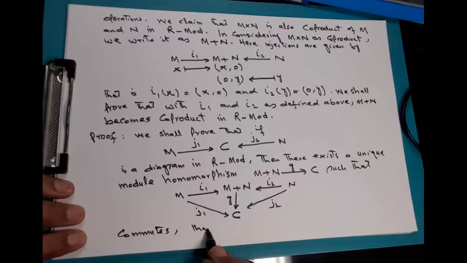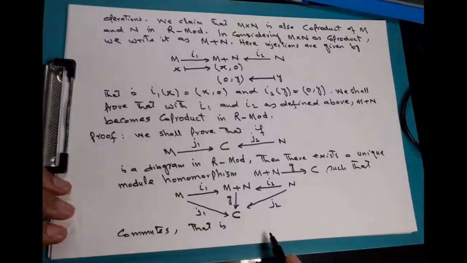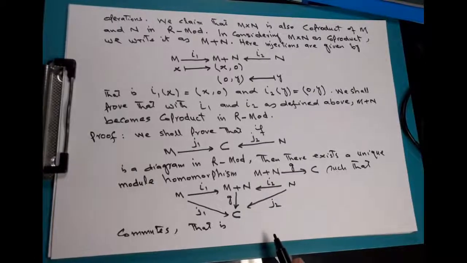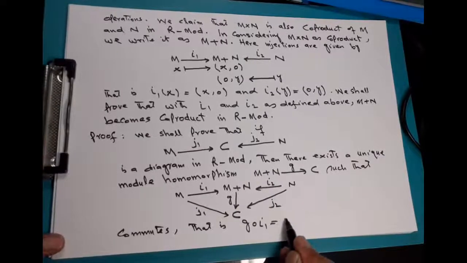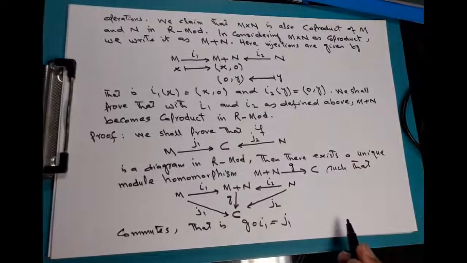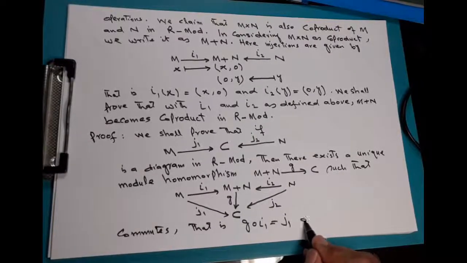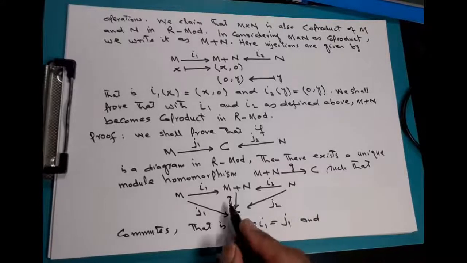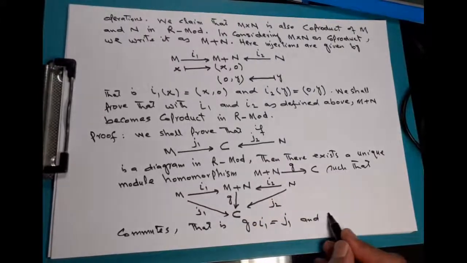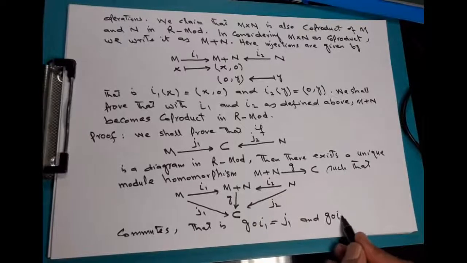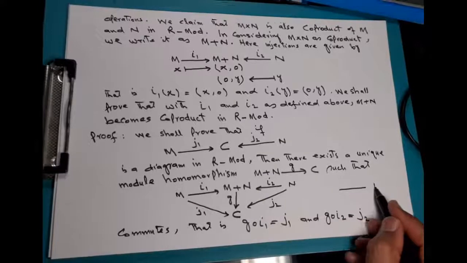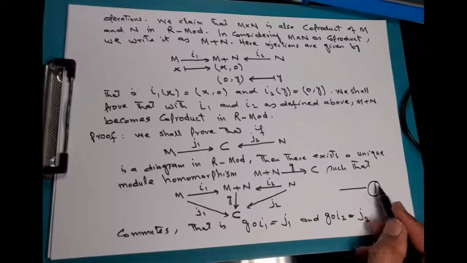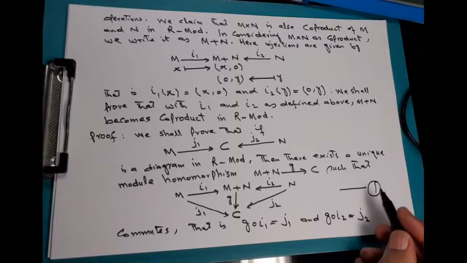And what do we mean by this? We mean that G composed with I1 is equal to J1, and G composed with I2 is equal to J2. Let's name it 1. This is also 1 anyway. So this is what we have to prove.